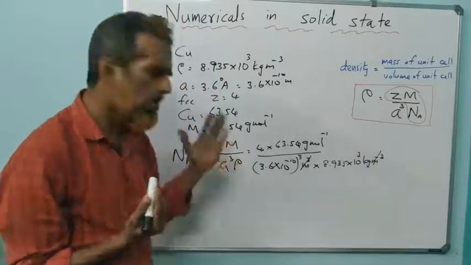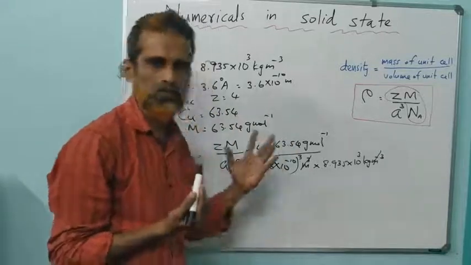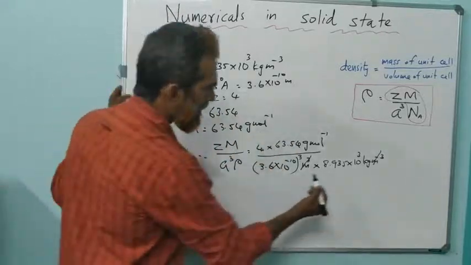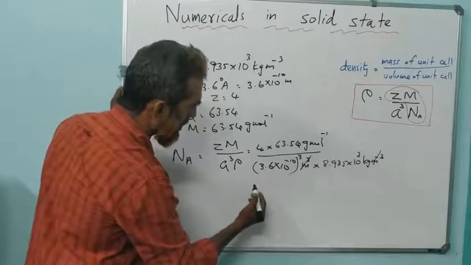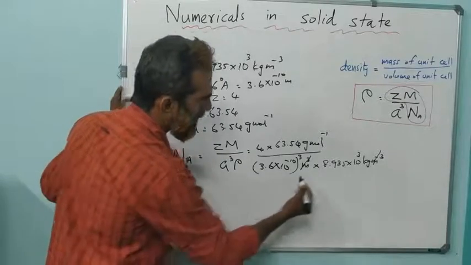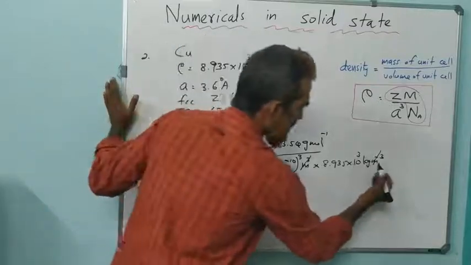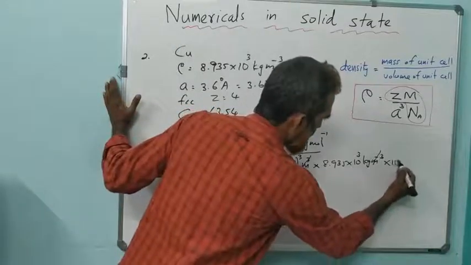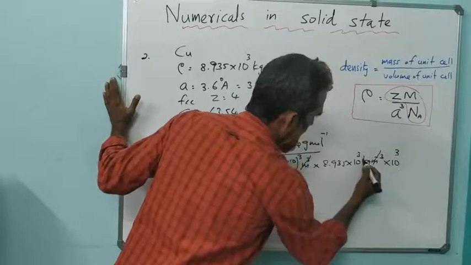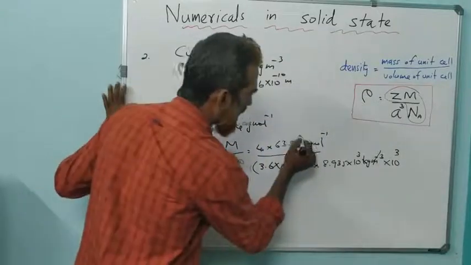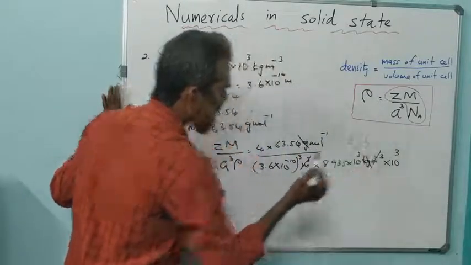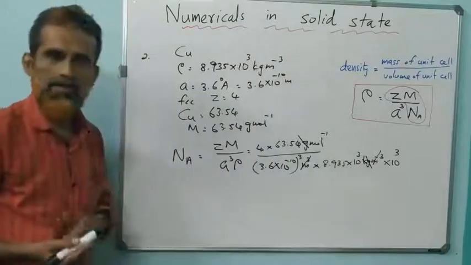You should write all the units in all the steps. So what we can do is, this can be made into gram by multiplying by 10 raised to 3. Then it becomes gram. Now you can cut gram also and you can get the answer.